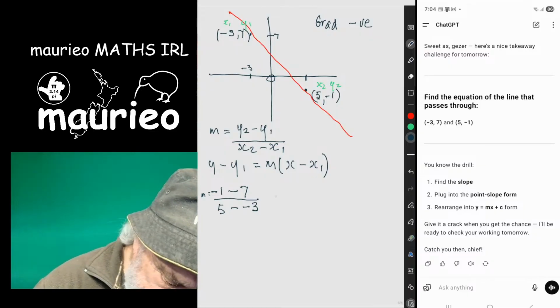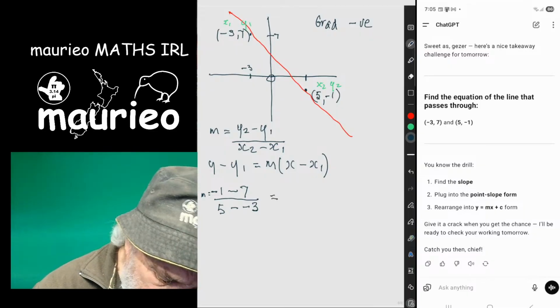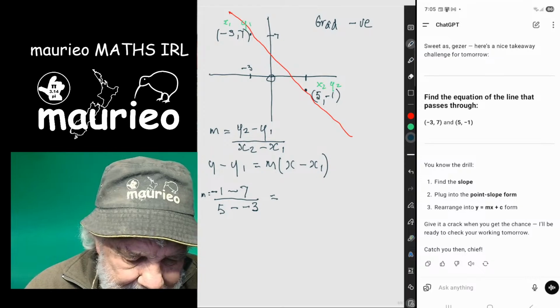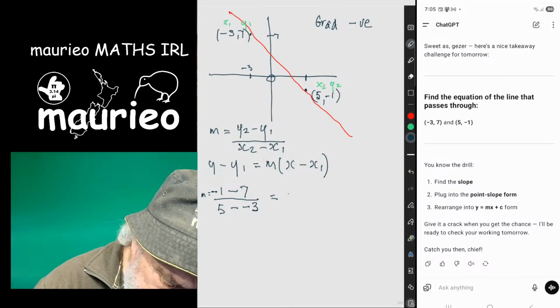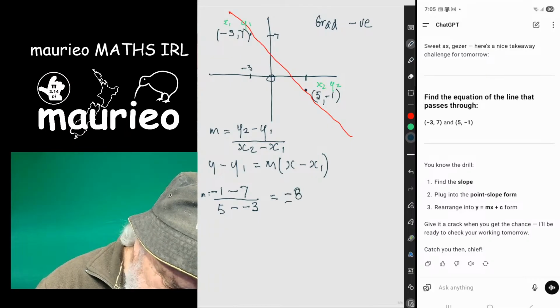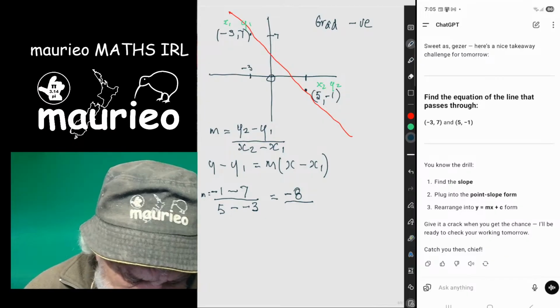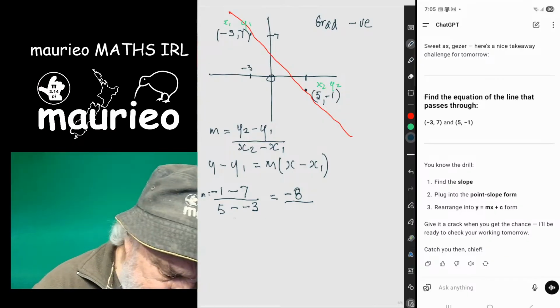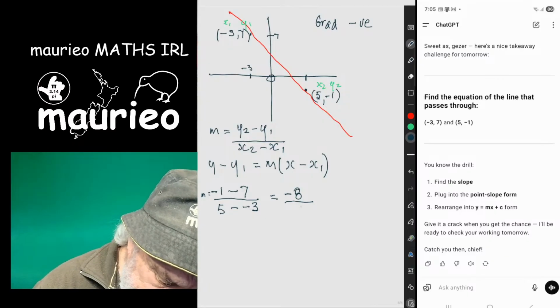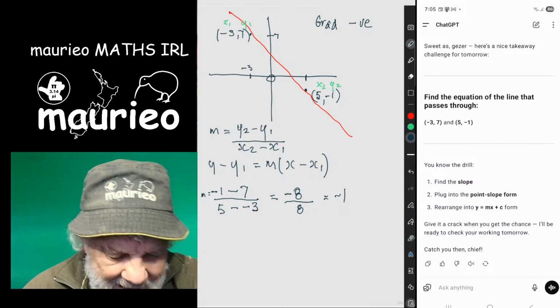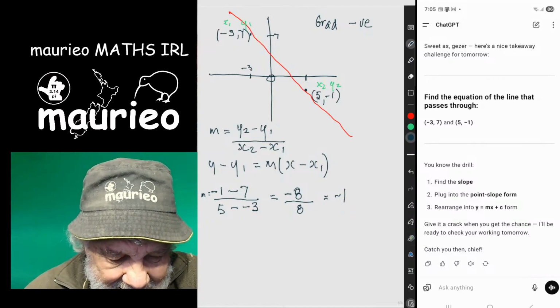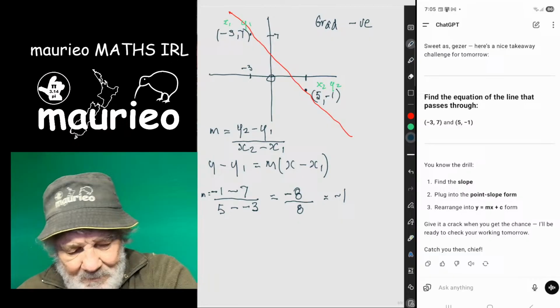Okay, and so that equals, now that's -1 minus 7, which gives us -8. And 5 minus -3 is 8, and that will give us -1. So our gradient is -1.